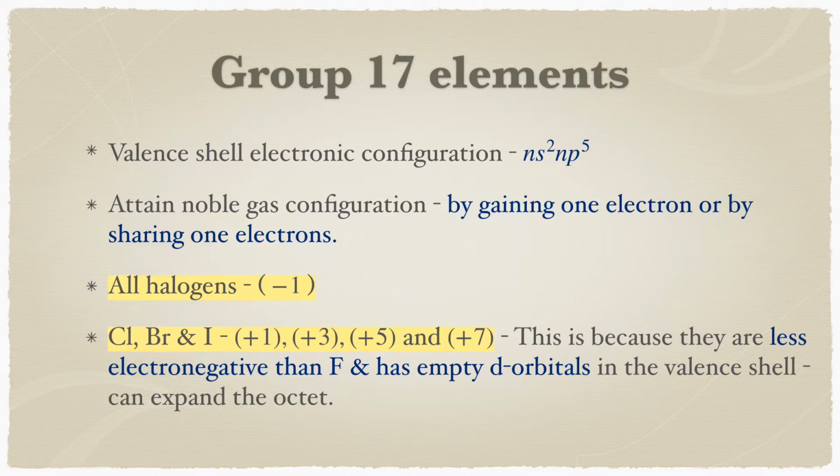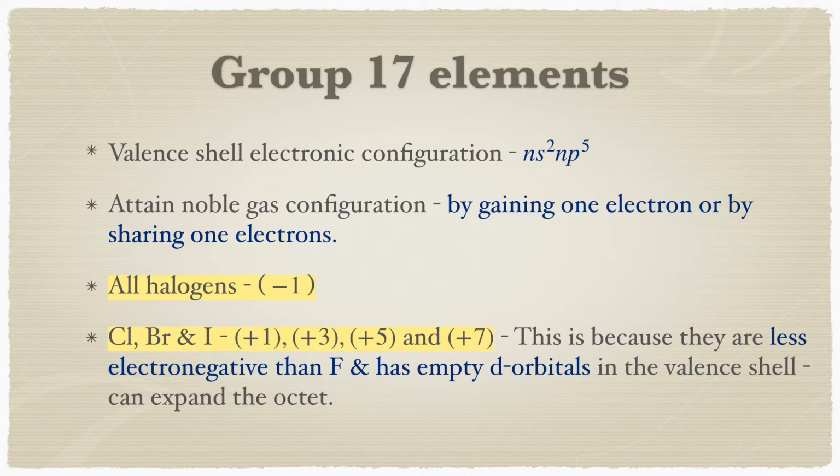As you know, the p orbital can take a maximum of 6 electrons, and the valency is 1 for halogens. So all halogens will show the oxidation state of -1.